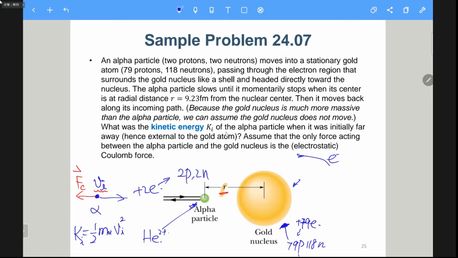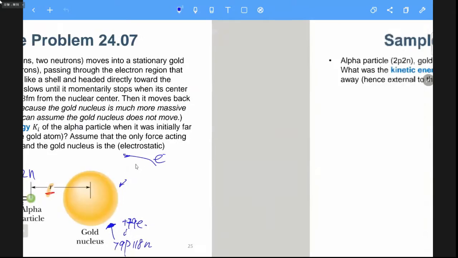So what was the kinetic energy, Ki, of the alpha particle when it was initially far away, hence external to the gold atom? Assume that the only force acting between the alpha particle and the gold nucleus is the electrostatic force, or the Coulomb force.